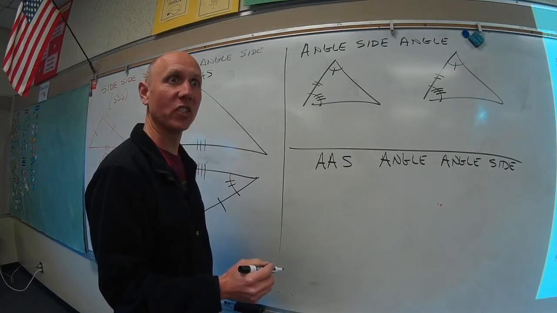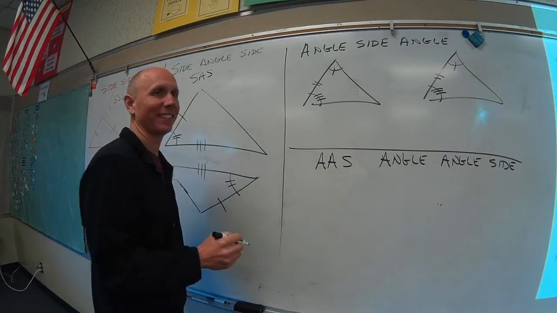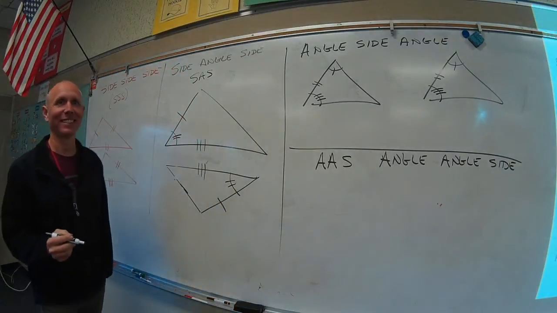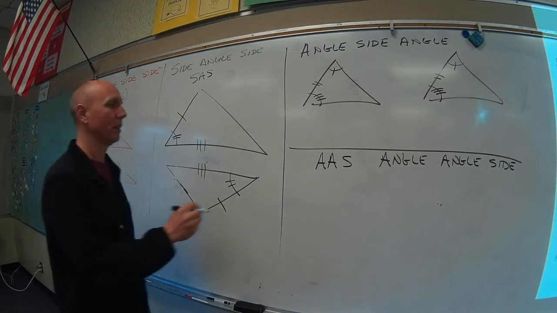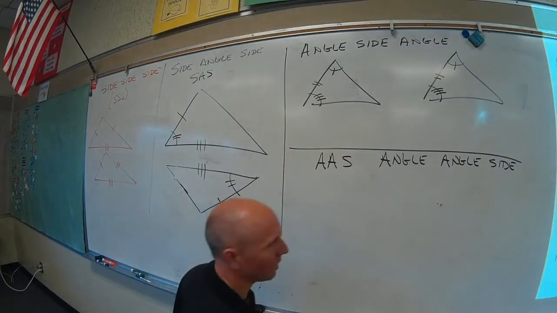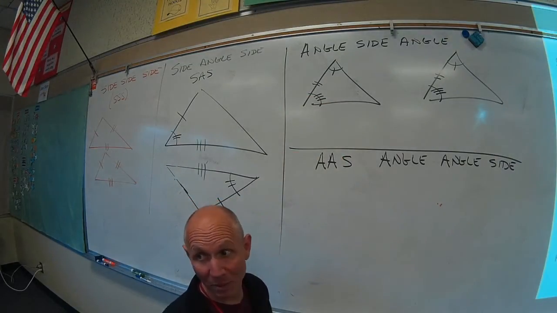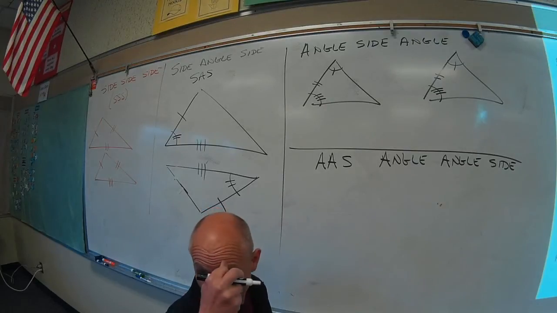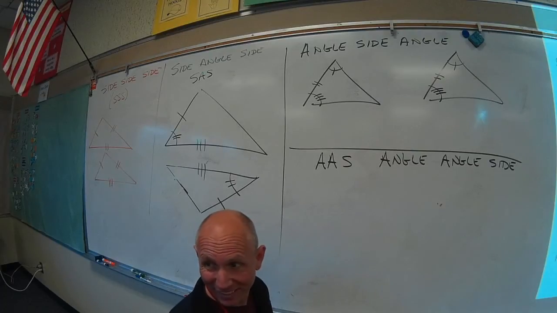That's why it doesn't exist. I was thinking because there's a side, angle, side, they switch it up. No, it doesn't exist. Angle, side doesn't exist, and you can't just switch it up. But there is angle, angle, side.